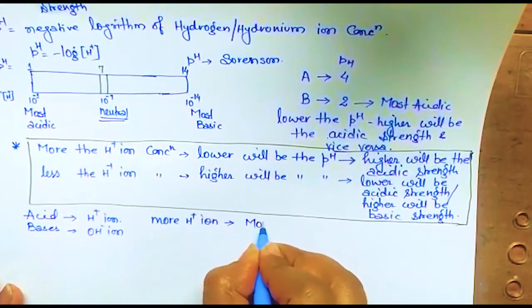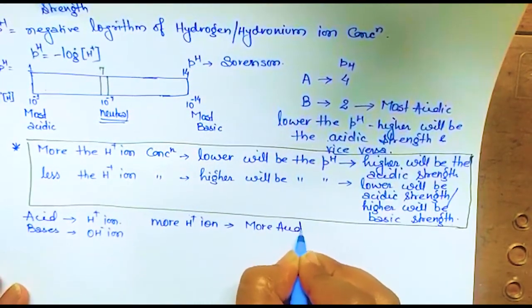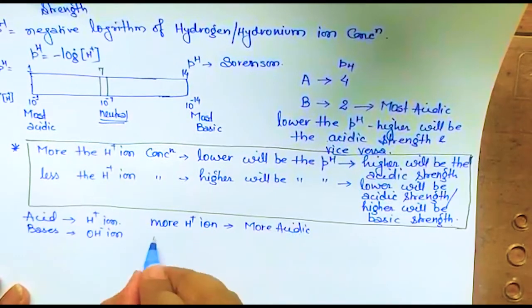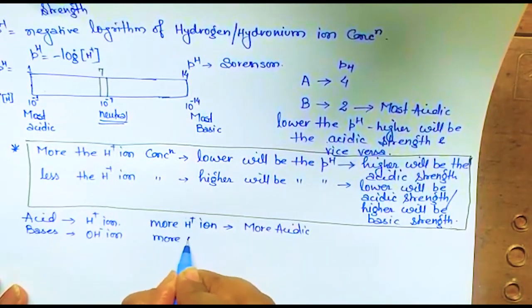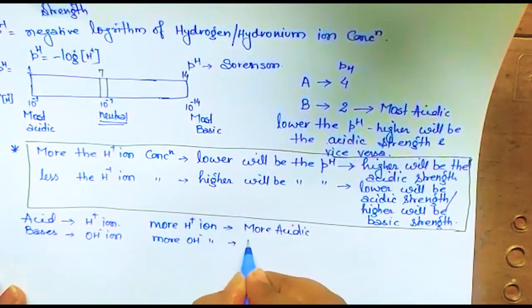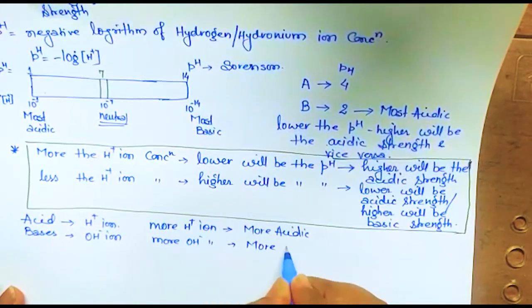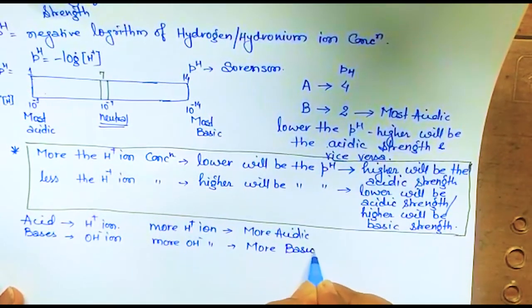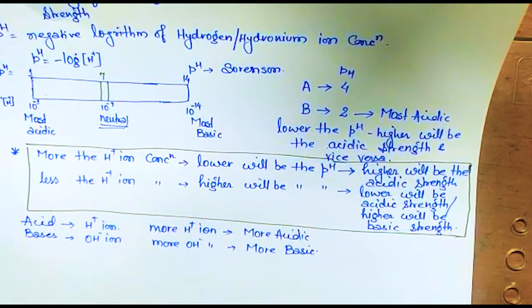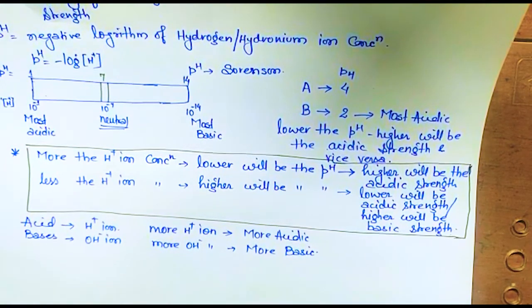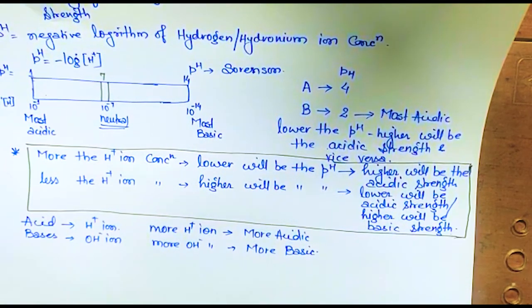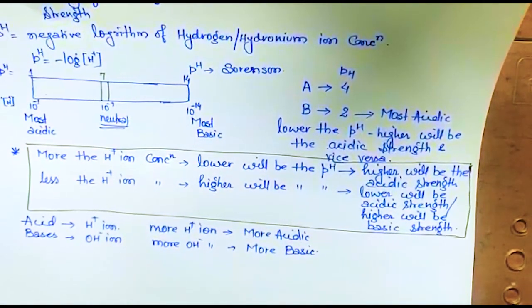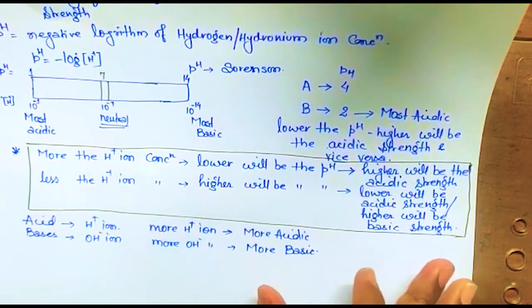More acidic. And similarly, if I am saying more OH minus ion, what will you say? More basic. Clear? So if one is more acidic, that means it is less basic, or if one is less acidic, it means it is more basic. Can we say? Is it clear?